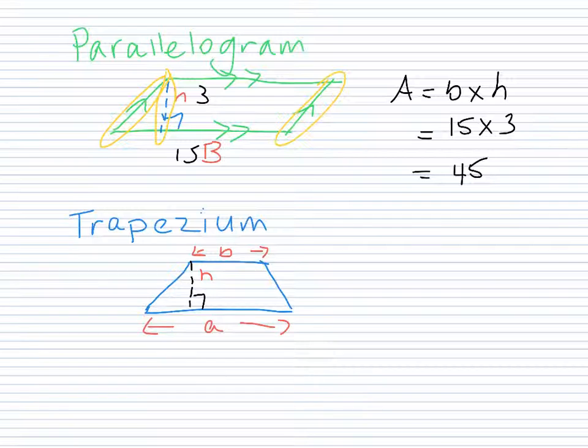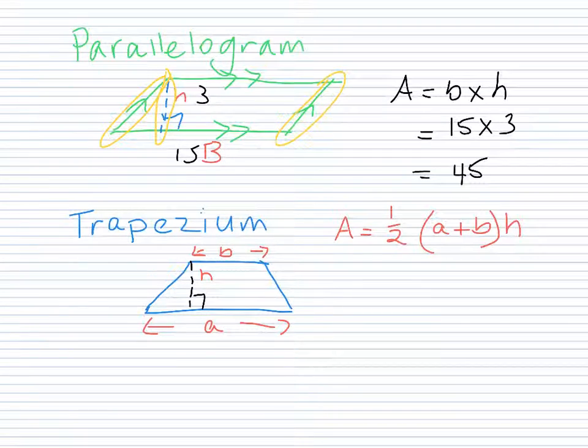So this is similar to our triangle as well. So our formula is area equals half times (A plus B) times H.